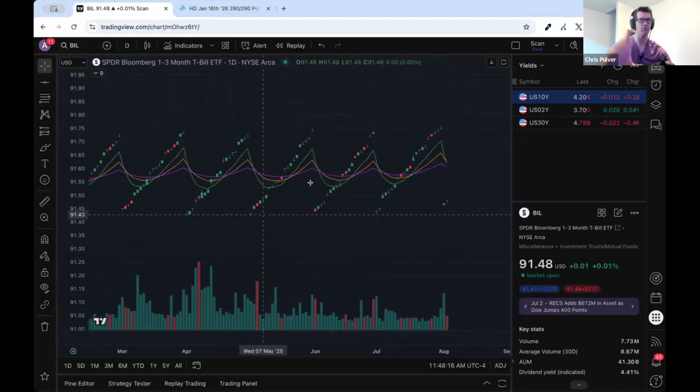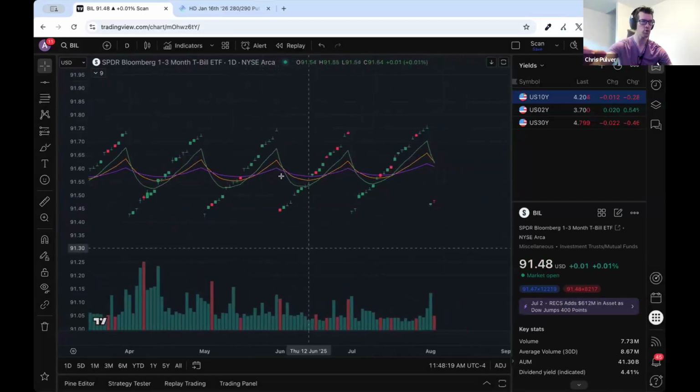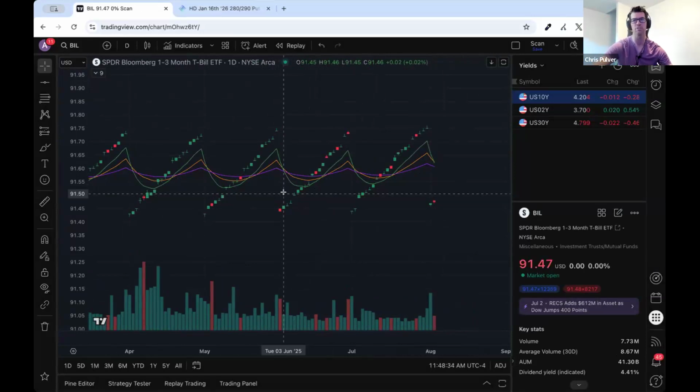So if I've got cash, what do I do with it? Park it in BIL. That's a safe place to go. It's just yield. You're not trading direction. Every month you're getting like 0.3 to 0.35%. That's better than nothing, obviously.